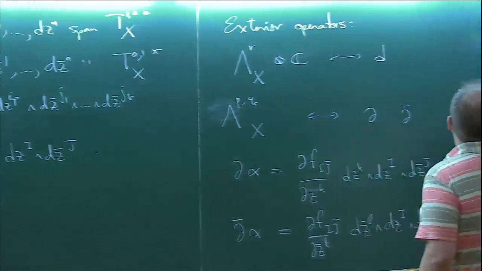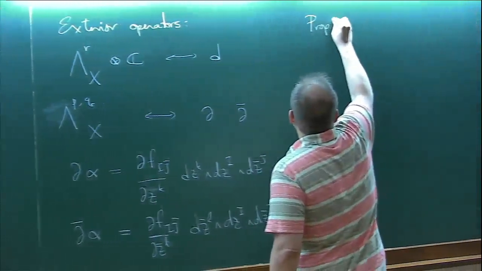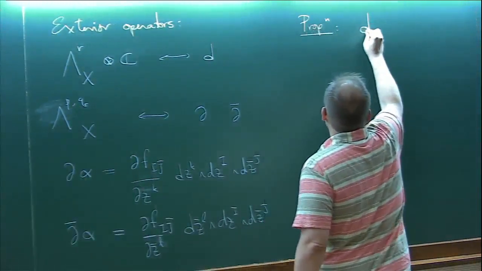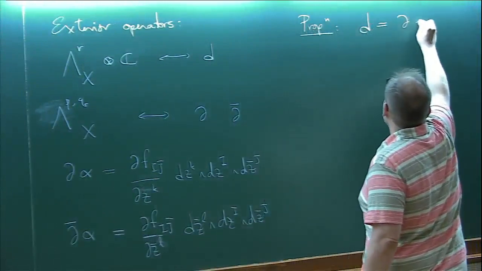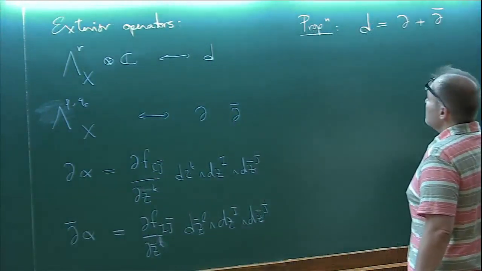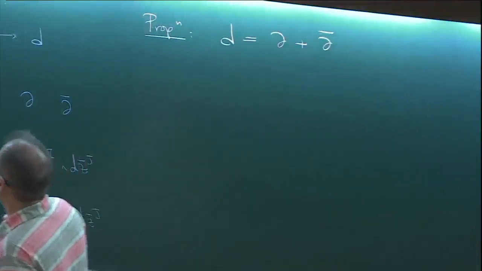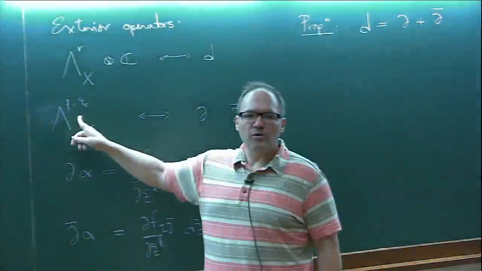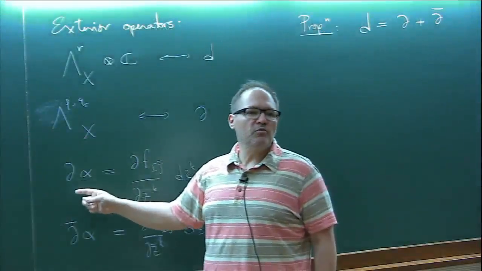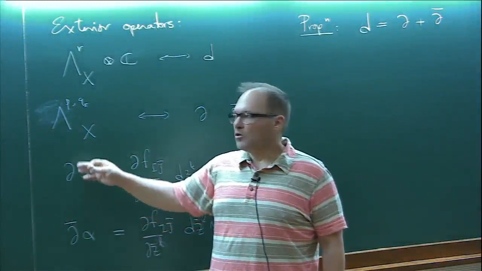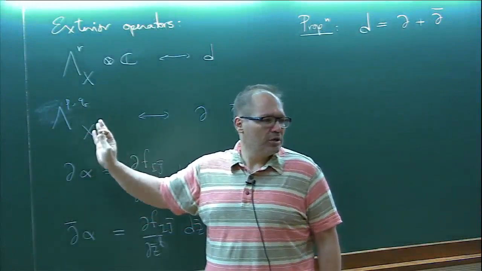And let me now write down, without proof, a proposition. The proposition is that this operator d is equal to ∂ plus ∂-bar. By the way, I defined this for (p,q) forms, but it's true for any (p,q) forms. It's not fixing the p and q in any way.